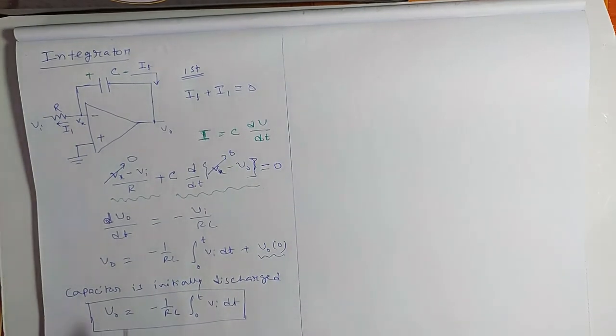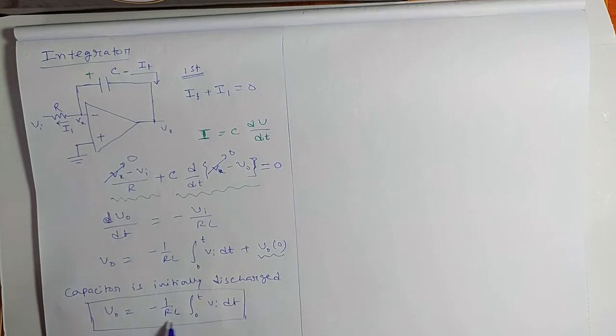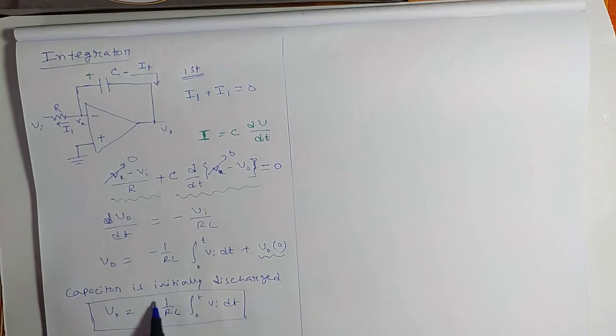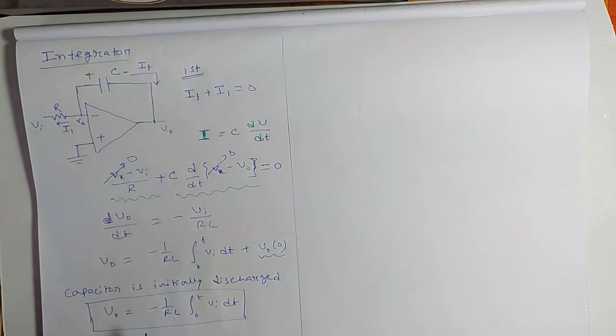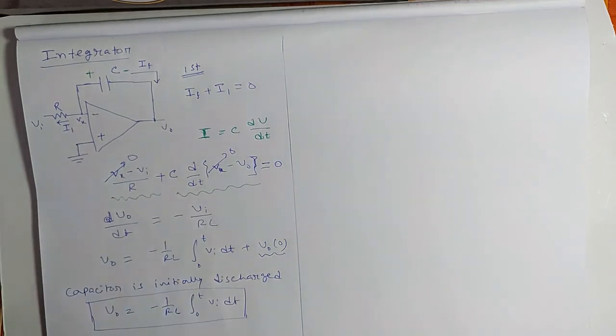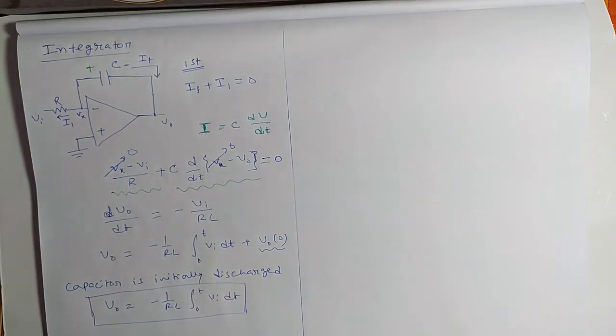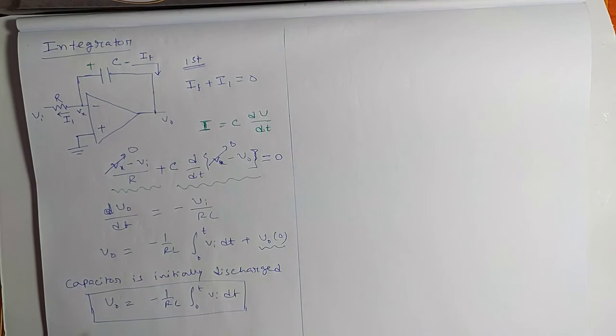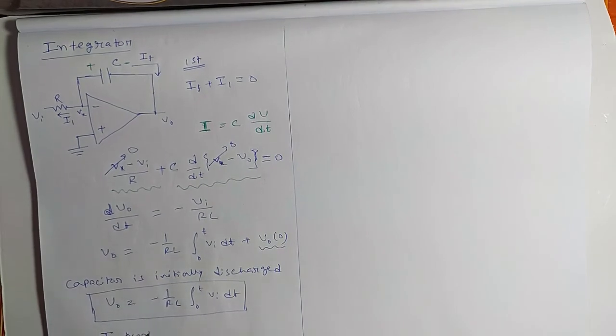You can see the output is the integration of the input, and there is a factor 1 by RC, that is the slope of the integration, and due to this minus sign the output will be an inverted integration. So that's why this kind of integrator is known as an inverting integrator.